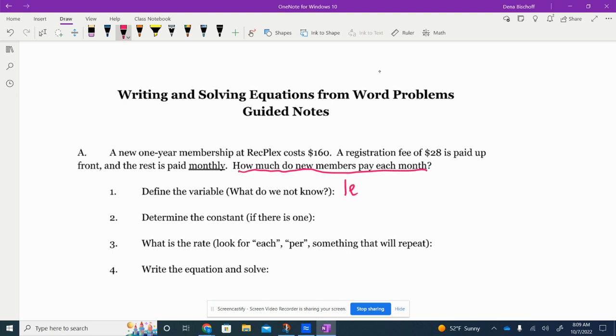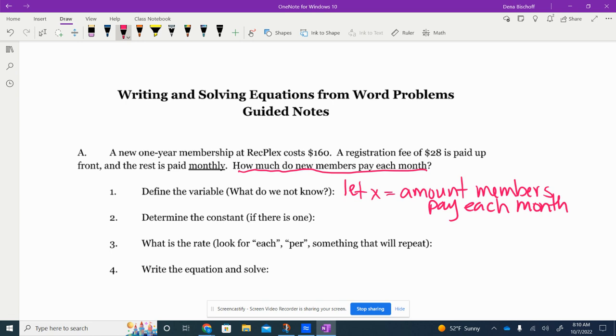So I'm going to say let X be the amount members pay each month. Now I know that's super specific, but I'm just trying to be real specific with you.